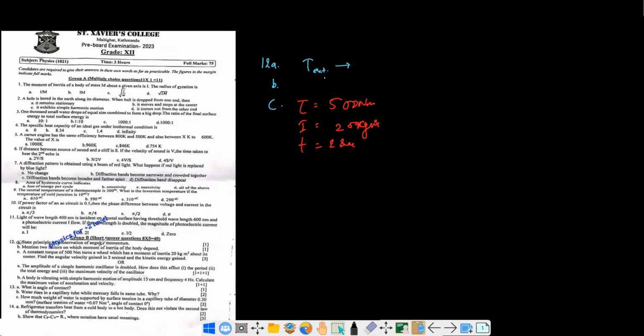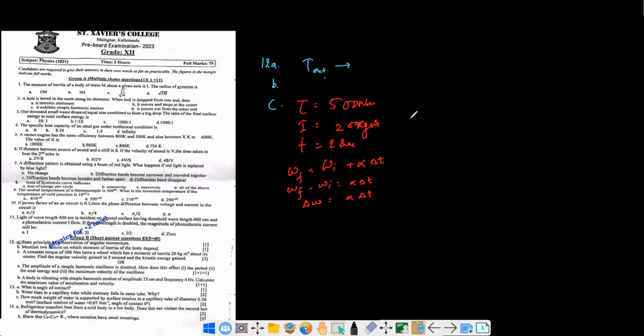So for this one, angular velocity final will be equal to angular velocity initial plus acceleration times change in time delta t. So final minus initial equals alpha times delta t. So your delta omega is alpha times delta t. So you have to calculate alpha.